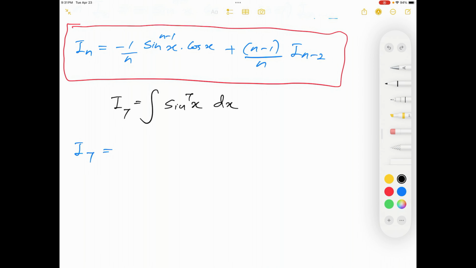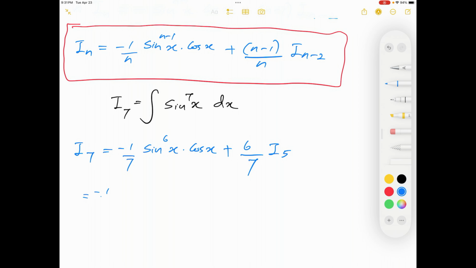Now, according to this equation, when n is equal to 7, the right hand side should be negative 1 over 7 sine 7 minus 1, which is 6, x times cosine x, plus n minus 1, which is 6, divided by n, which is 7, I_(n-2), 7 minus 2 is a 5.